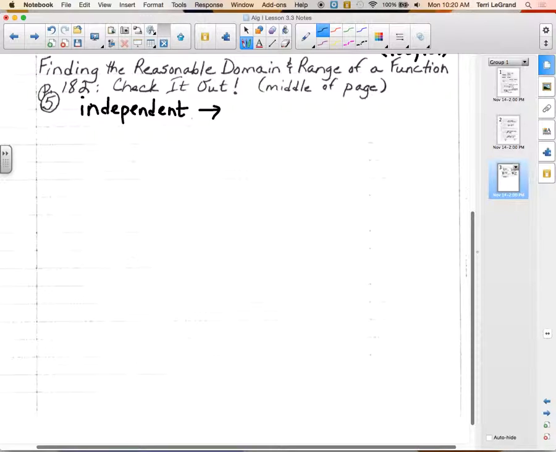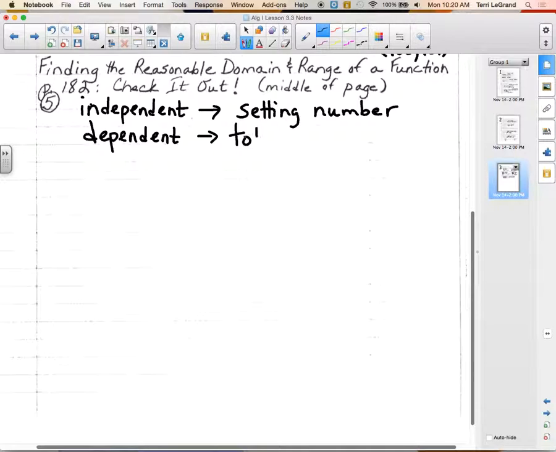Okay, so the independent is the setting number. And the dependent, what is dependent upon what setting number you use? Watts. Okay, total number of watts. How much heat is it going to kick out? Total is an important word there. Total number of watts.